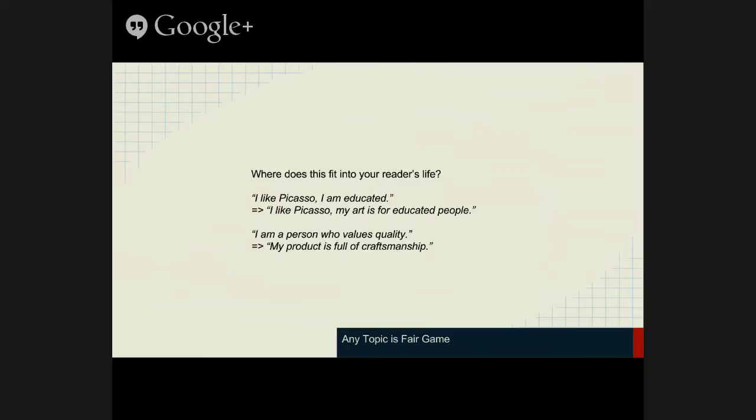So for example, if your reader is like, oh, I'm a very educated and sophisticated person, I'm really smart, and that's why I like Picasso, what you can post about is, oh, I am an artist influenced by Picasso, very strongly influenced, because Picasso, I believe, is for the kind of art consumer who is educated and smart.